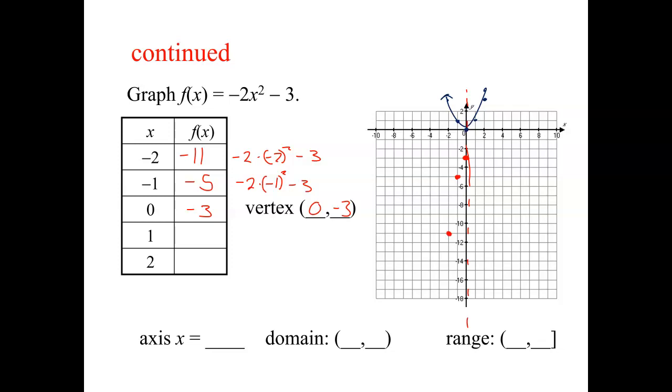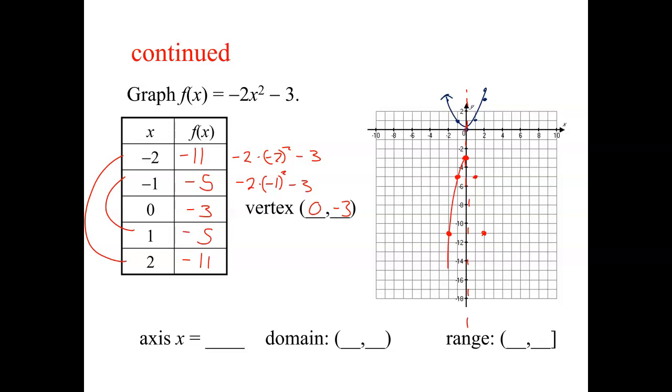Now using the axis of symmetry, I know that I have to have a mirror point at -1 and a mirrored point at -2. So what's going to be the y value at -1? -5. What's going to be the y value at -2? -11. So I use that axis of symmetry as my mirror point. Make that line dotted better.